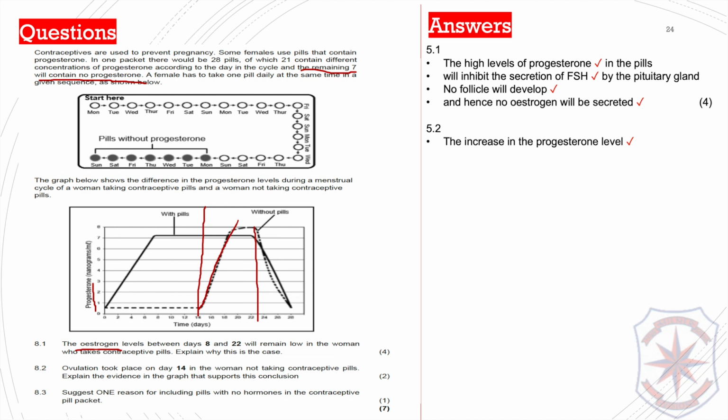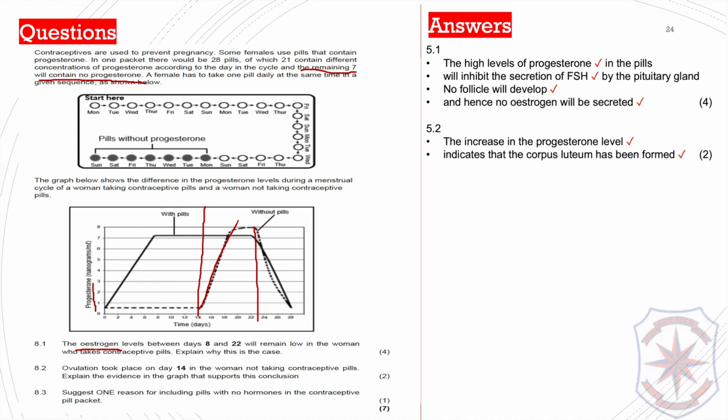If there is a rise in progesterone levels after day 14, that indicates, remember, progesterone is secreted by what? It is secreted by the corpus luteum. So the increase in progesterone level indicates that the corpus luteum has been formed.